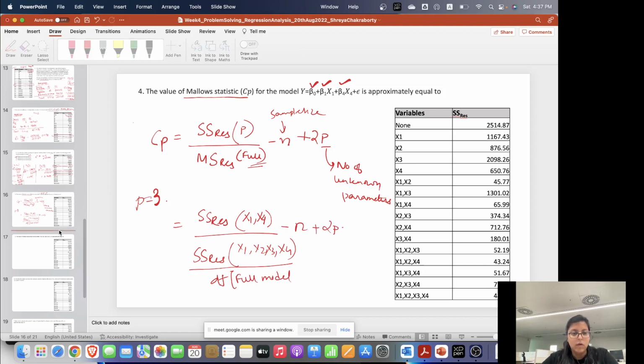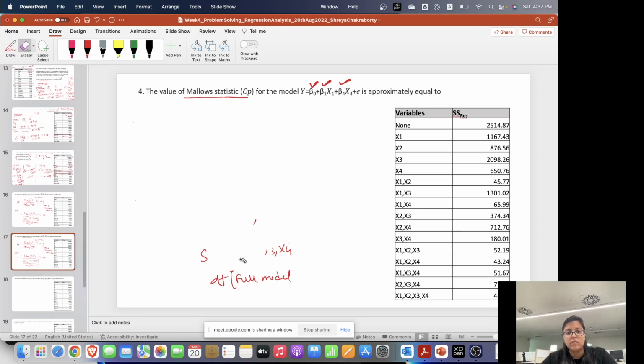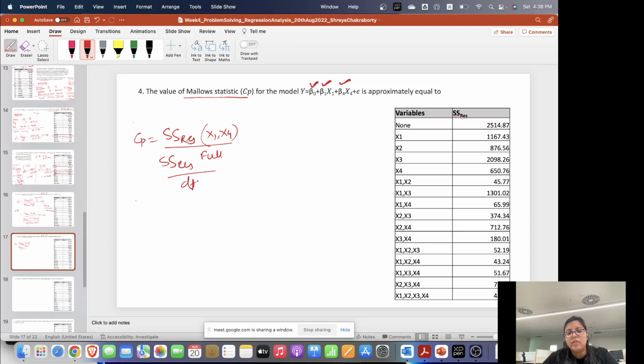So if we calculate from that section here, we had Cp equal to the sum of squares due to residuals for x1 x4, divided by the sum of squares due to residuals of the full model by the df of the full model, minus n plus 2p.